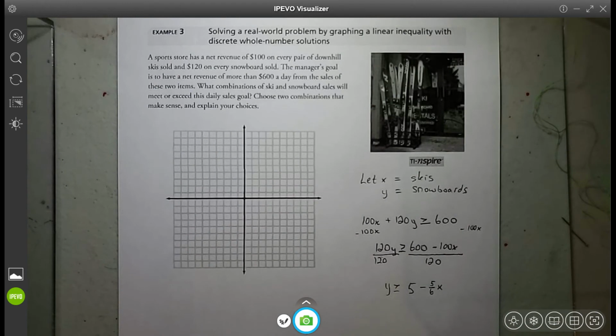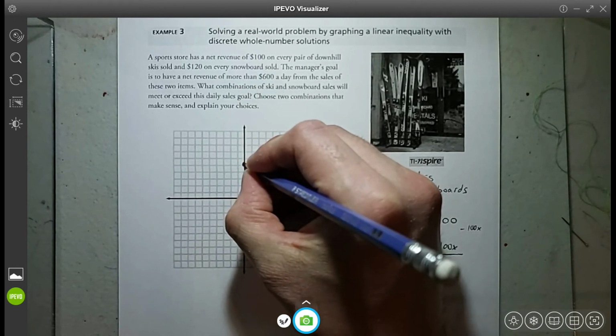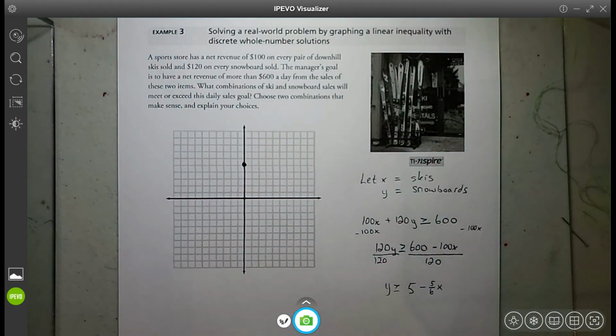So we can graph that if we're so inclined. Let's find our y-intercept first, which should be 5. And if we find our x-intercept, so when y equals 0, we'll subtract 5 from both sides.